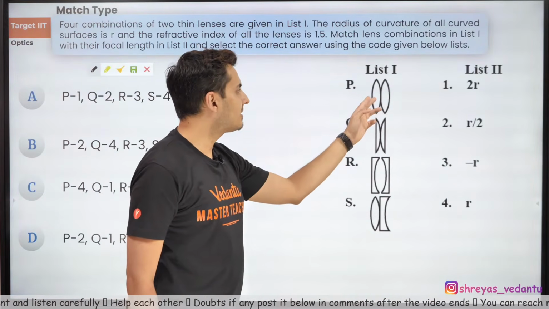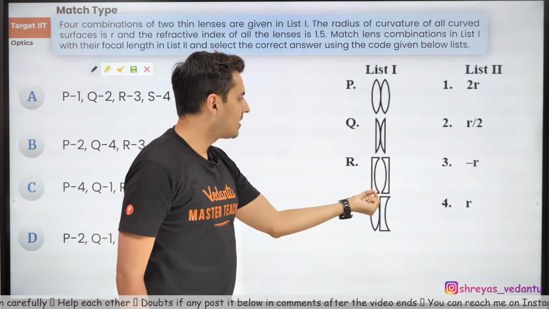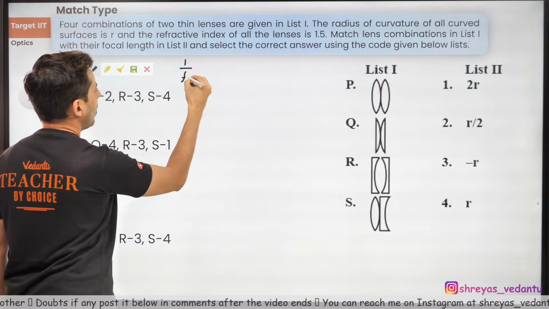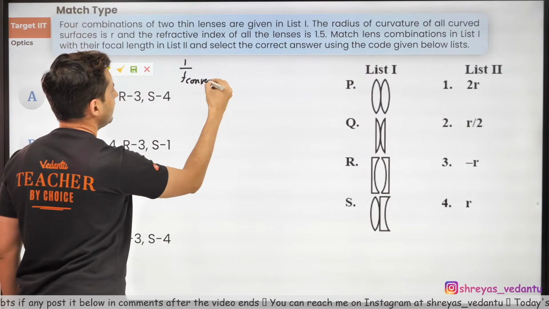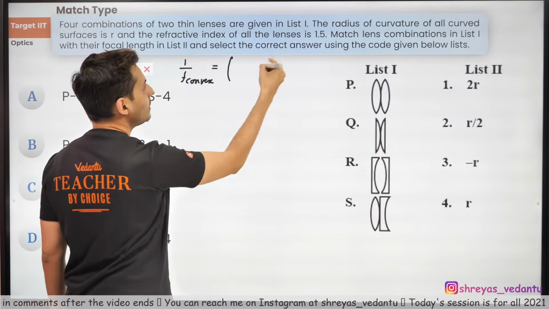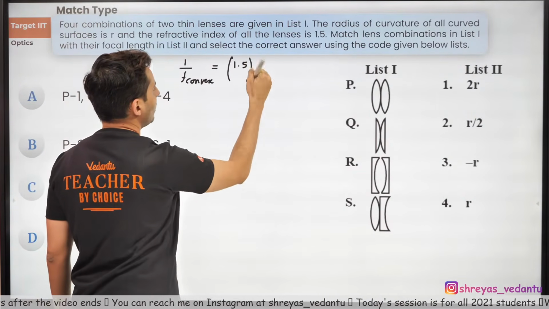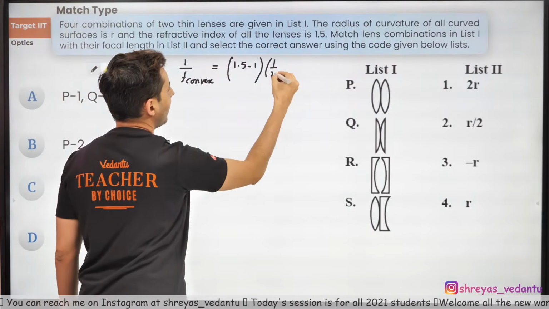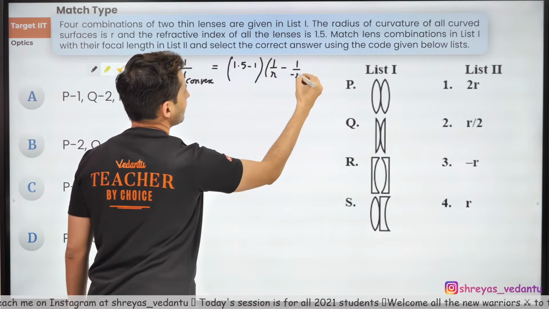Here every time I can see that there is a convex lens or a concave lens. So what is the focal length of the convex lens? It will be mu is 1.5, so 1 by f equals 1.5 minus 1 into 1 by r minus 1 by minus r.